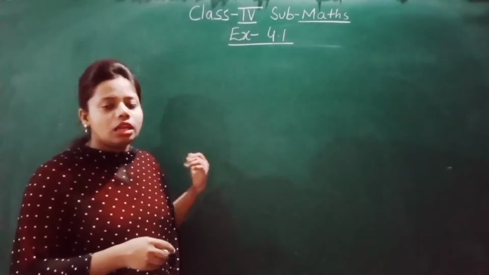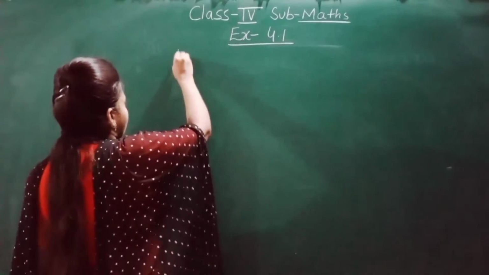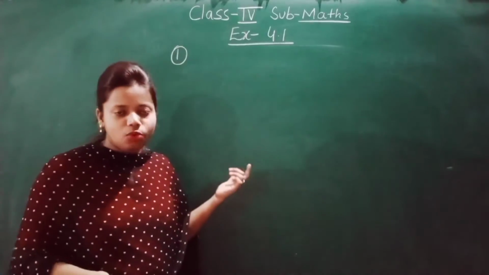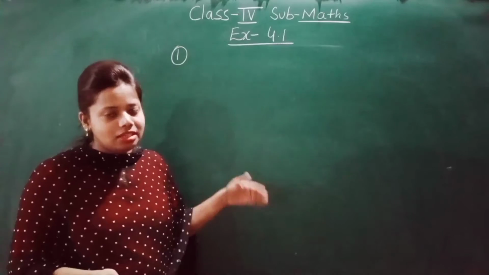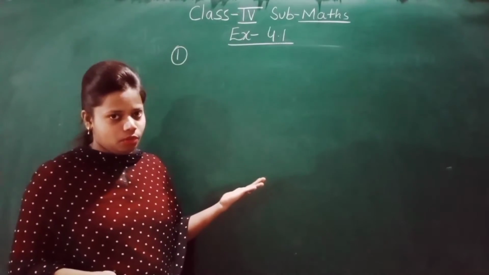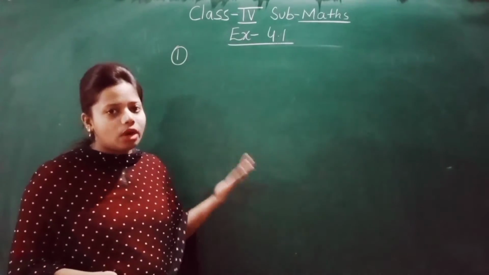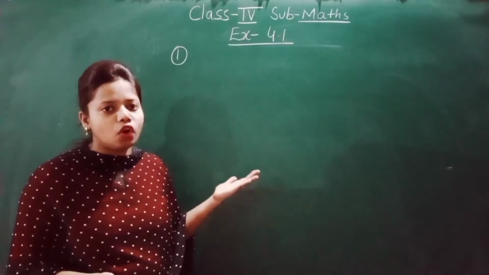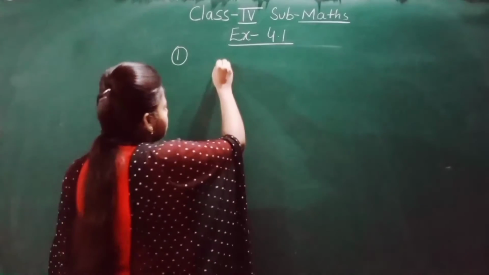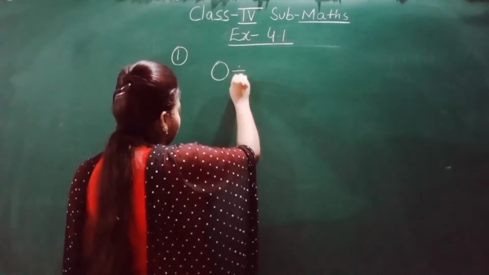Property number 1 is that when 0 is divided by any number, except 0, the quotient will be 0. I have already taught you that. First let me write this: 0 divided by any number.